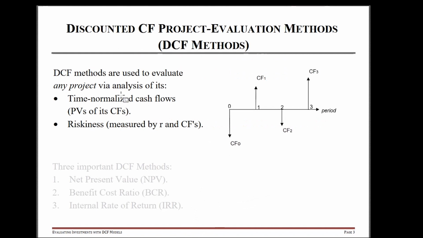The great thing about the DCF methods, as I've indicated before, is that we can use them to evaluate any project. All we have to do is consider its time normalized cash flows. What I mean by time normalized cash flows is simply the present value of its cash flows and the riskiness of the project, which, as we saw in chapter 10, we want to measure in our discount rate and our cash flows.